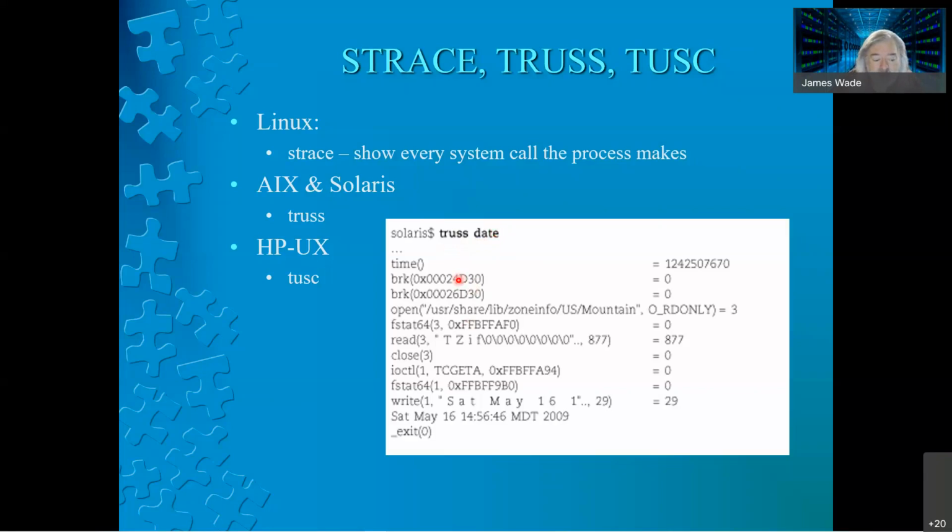In this case, it's accessing zoneinfo. This is a library file, so it accesses this Mountain Standard Time library file. Then here it writes the date. So you can actually see it's doing Mountain Standard Time. It's reading the time zone, and here it's writing the date.